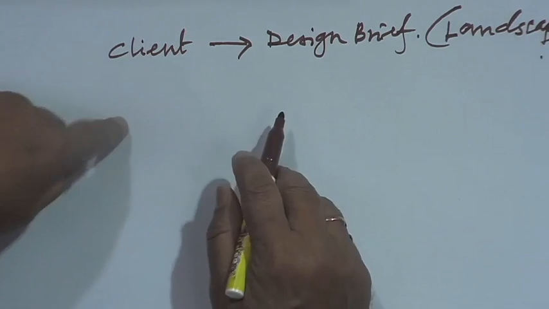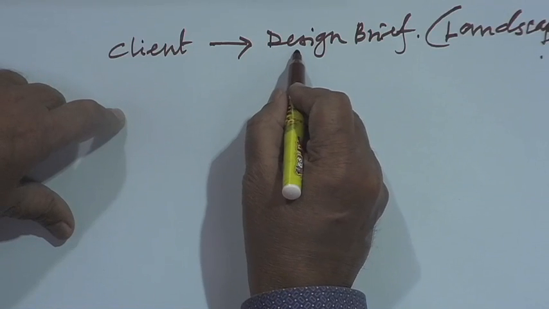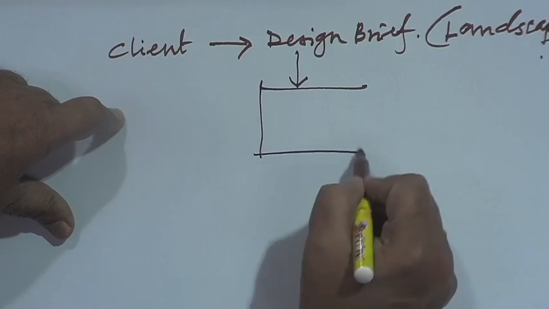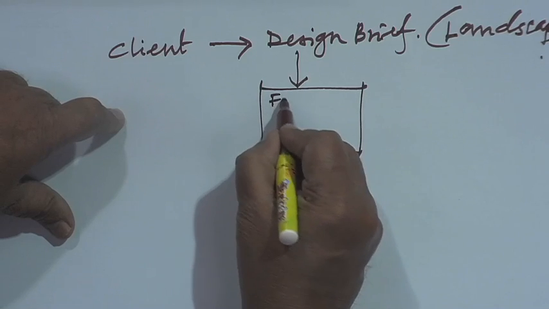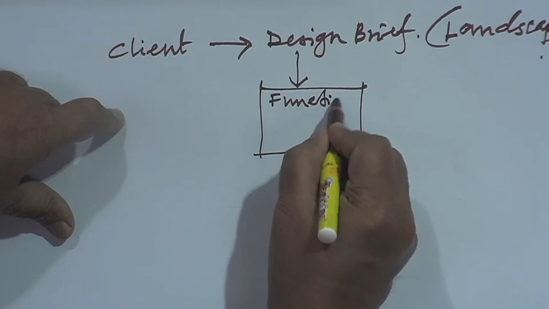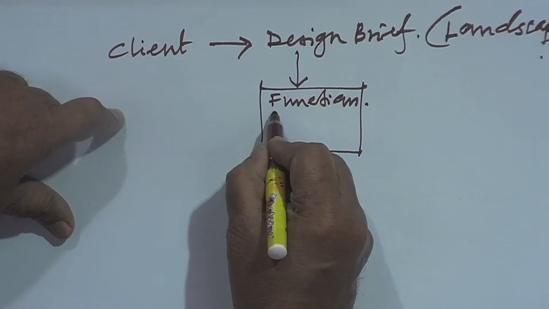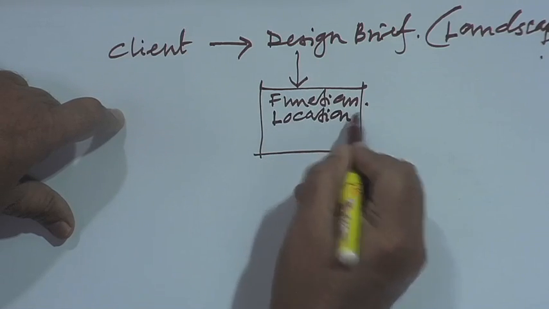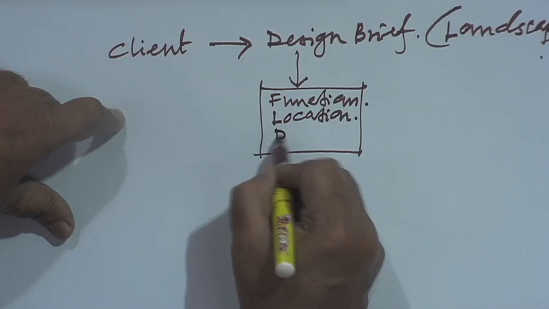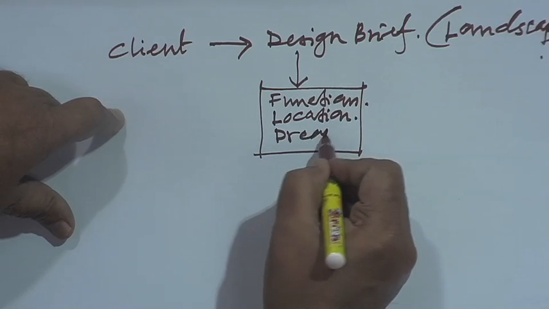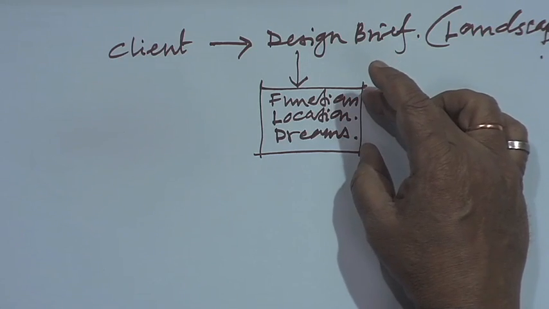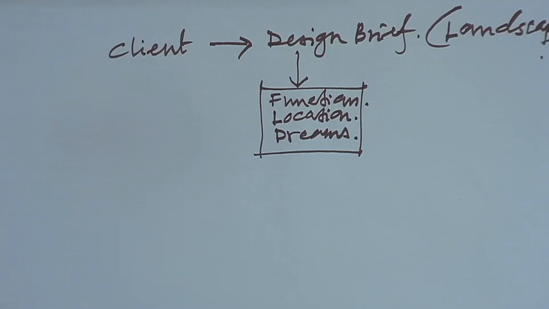The moment he says this, you will ask for the design brief from him, and the design brief will tell you what kind of functions are to be located where, that means the location, and the client's dreams, what he is trying to get out of it. Unless you understand these three things, you will not be able to design.